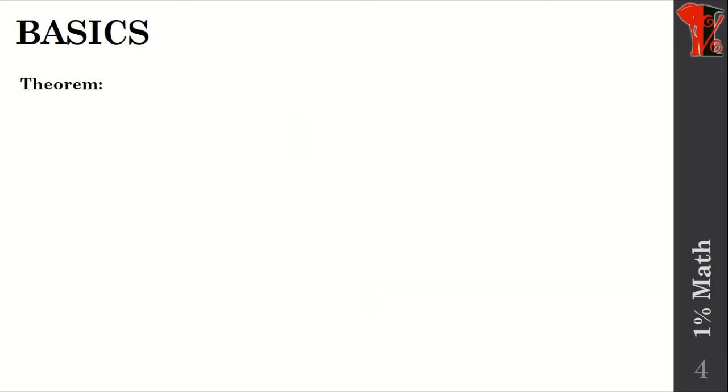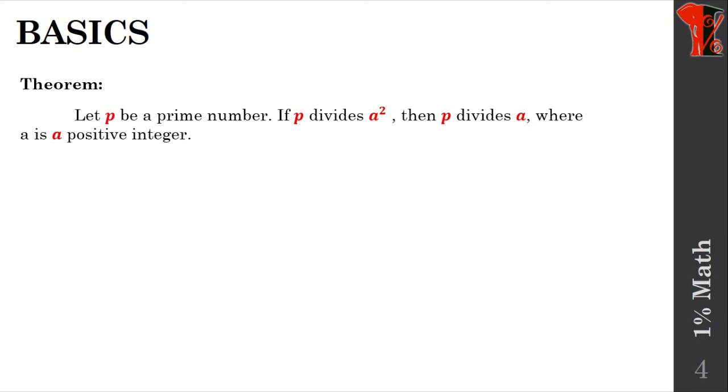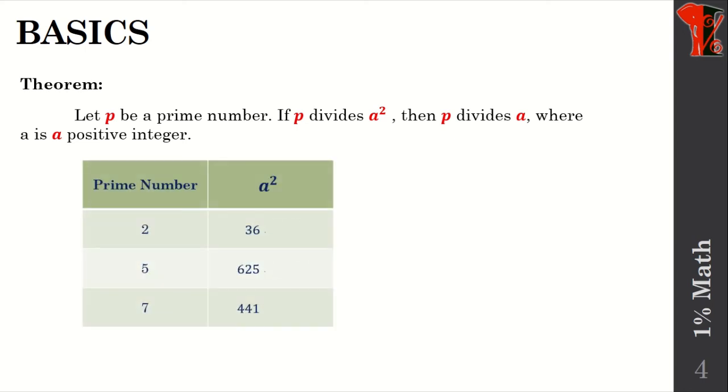Let's move on to the theorem. Here you can see it says: let P be a prime number, if P divides A square, then P divides A, where A is a positive integer. So as per this, consider this table. 2, 5, 7 are prime numbers, and under A square I have written 36, 625 and 441.